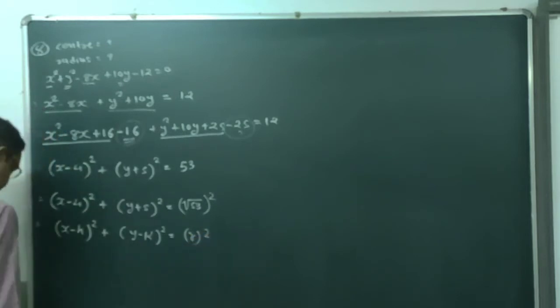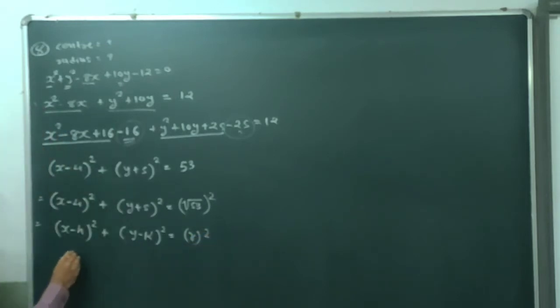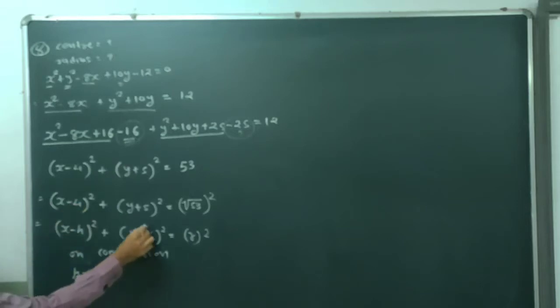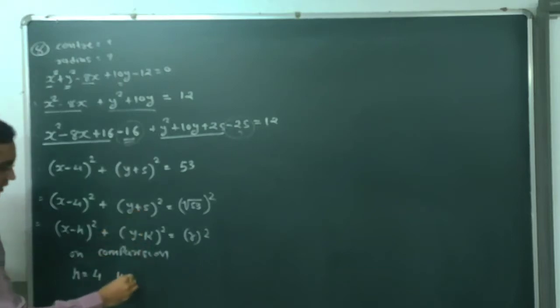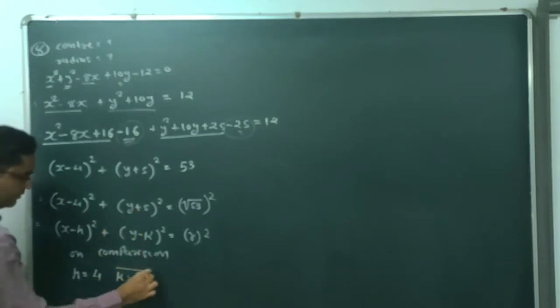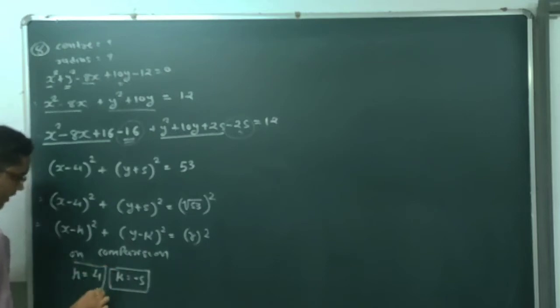Compare this equation. On comparison, we get h equal to 4, and k equal to minus 5, since plus 5 is there.